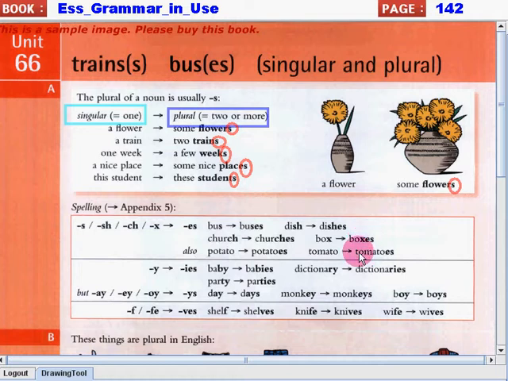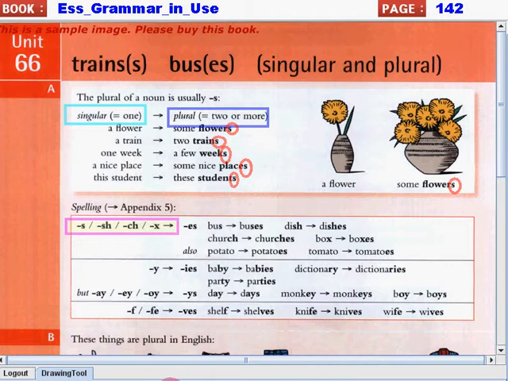Now, let's take a look at some more spelling rules. As you can see here, first one, if the words end in S, SH, CH, or X, we have to add ES.